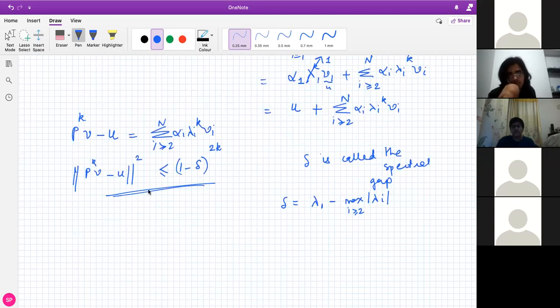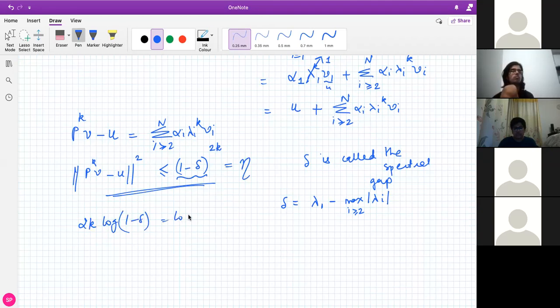Anyway, now if you set this, you know that P^k V is going to converge to U, and you can decide how much convergence you want. Say you want this to converge to eta, then by Taylor expansion you can see that 2k log of (1 minus delta) will be equal to log of eta, and this by Taylor expansion is almost equal to minus delta.